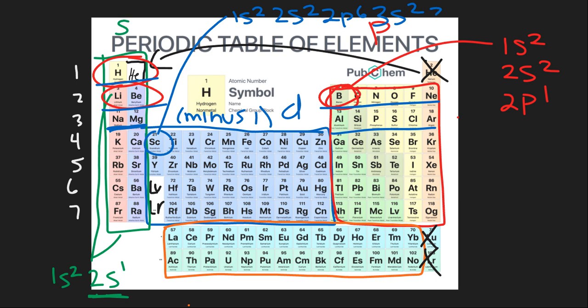Here we have 3p6. And note that I'm just reading across the periodic table until I reach my element, 4s2. And then right here, you would probably say 4d1, but remember the minus 1. So instead, it's going to be 3d1.